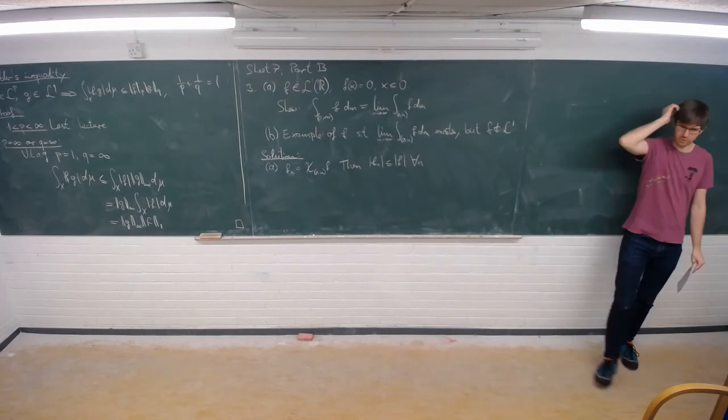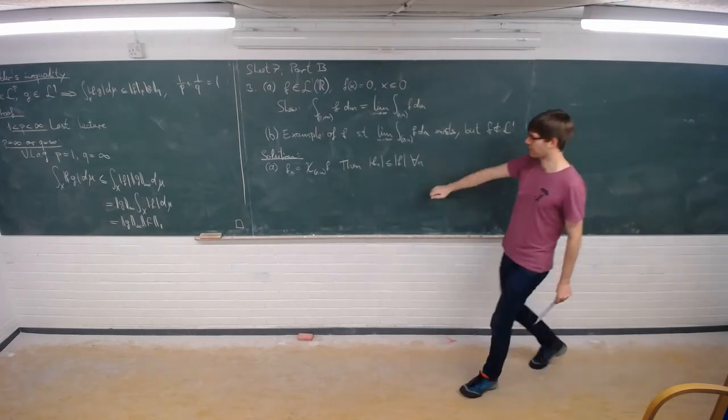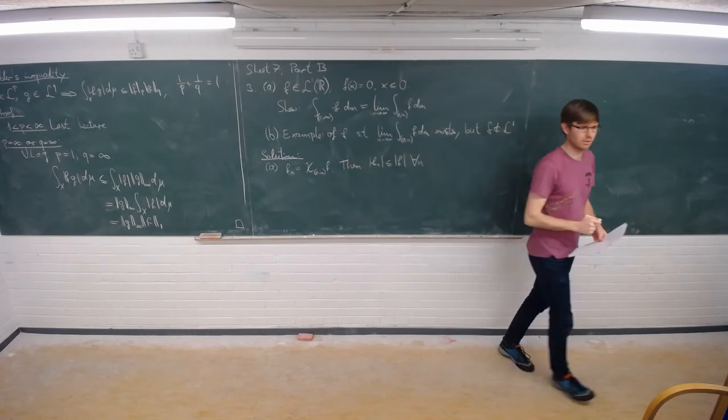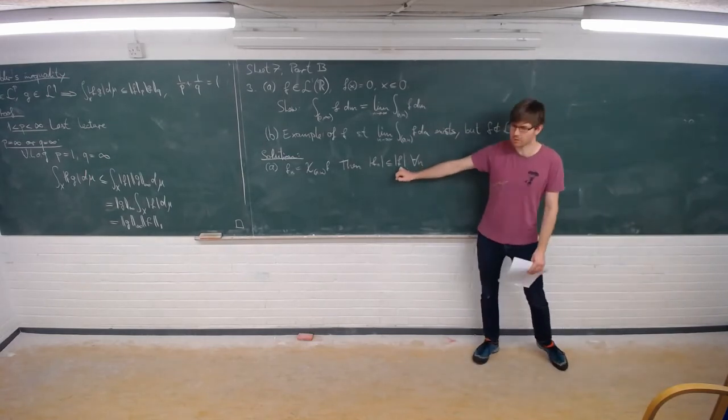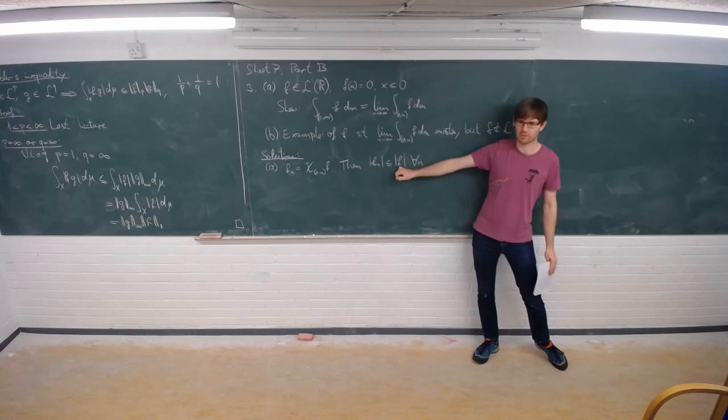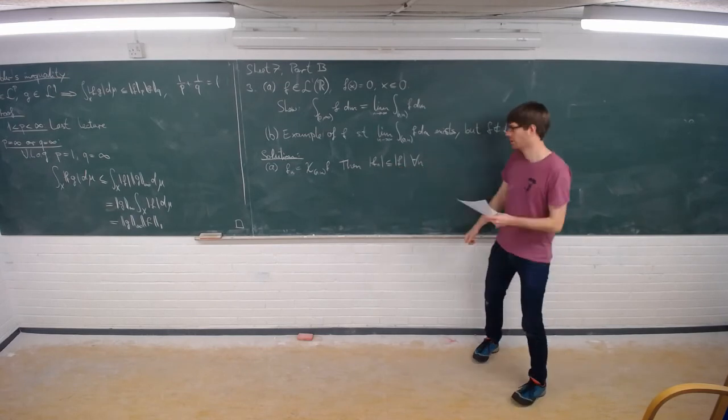Then the absolute value of F_n is bounded by the absolute value of f for every n, right? So we have this integrable upper bound that we need for the dominated convergence theorem.